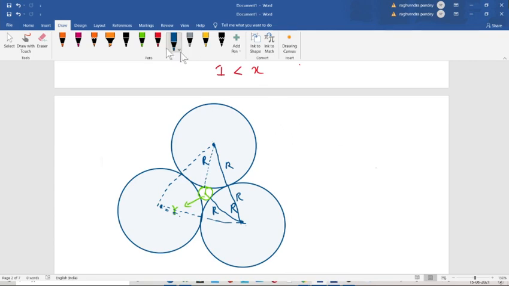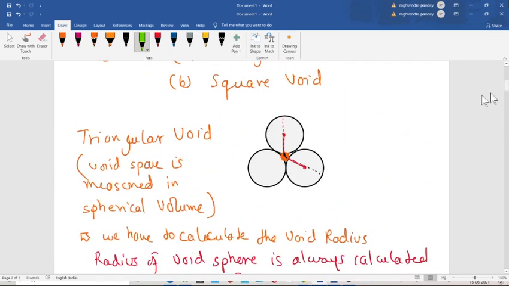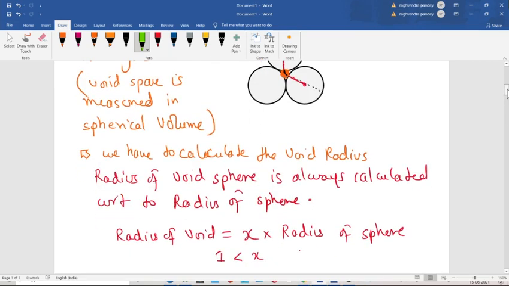Now I have to find small r upon capital R. Suppose let's take it as constant x. So I have to find x, because the void volume is measured in the spherical form, and you only have to measure the radius of this small sphere.